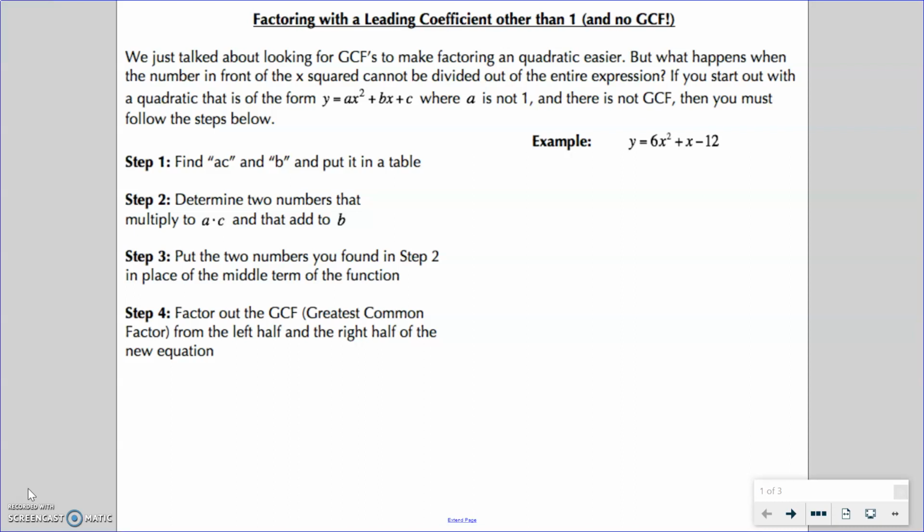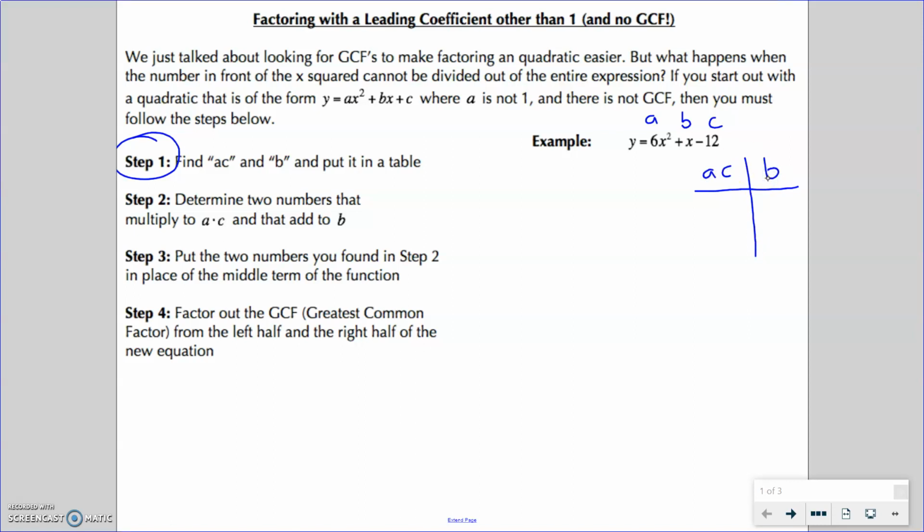So if you can't take the number that's in the front out of all three terms, here's what you do. Step 1, find A, C, and B and put it in a table. So here's what I mean by that. 6 is your A, 1 is your B, and -12 is your C, just like it was for a quadratic formula. So what you're going to do is make just a little mini table, and you're going to write ACB.